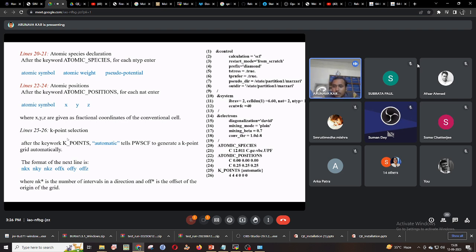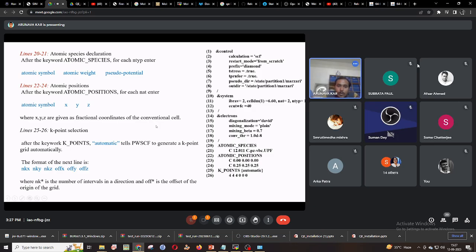If you don't know much about this, just put automatic, and under the automatic mode, it will calculate the K point distribution of the system with the format that we need to provide three numbers here: nkx, nky, nkz. Here we are putting offset value 0, 0, 0, but we can put the offset value 1, 1, 1. I'll show you what this means.